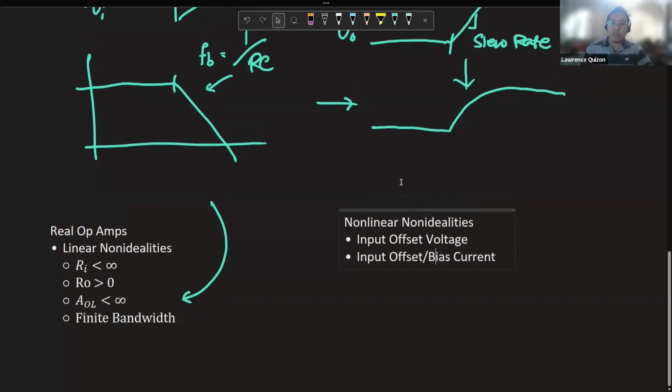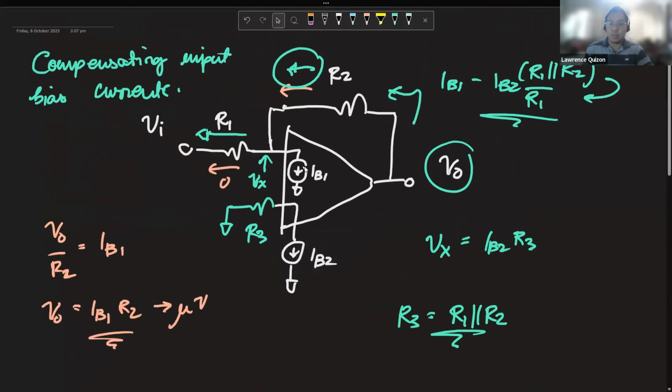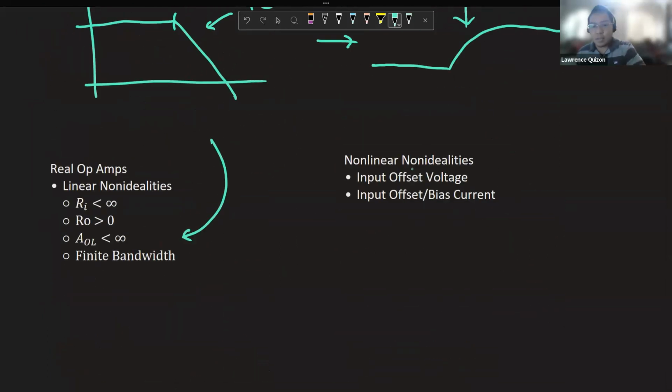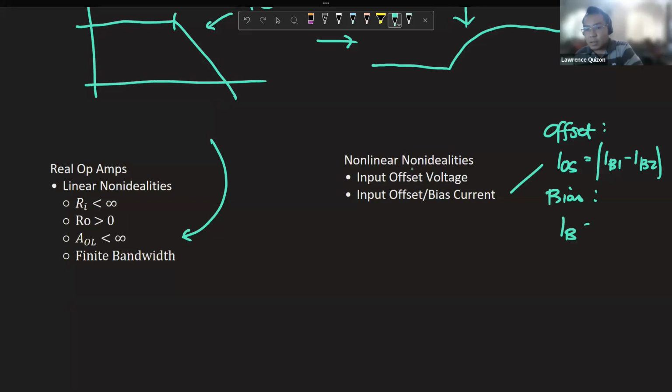Both of them are captured in the concept of IB1 and IB2. Actually, let's write it down here. So offset is the difference between IB1 and IB2, and the bias is the average of both.